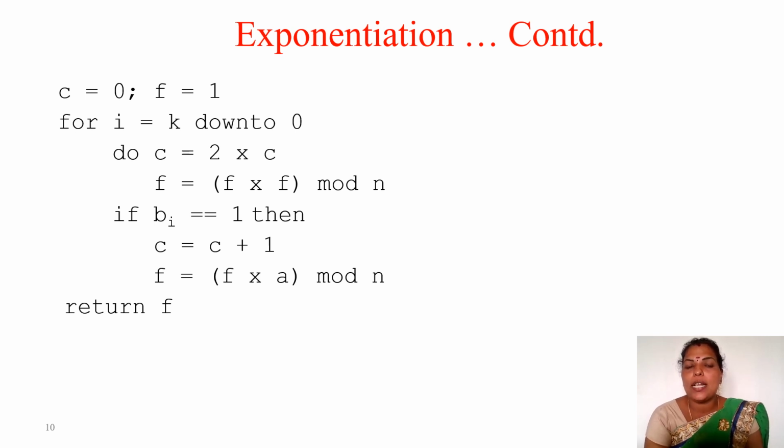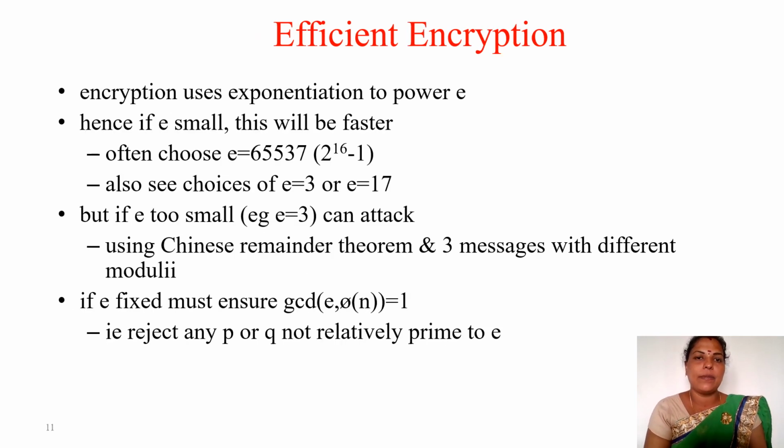If bi equal to 1, then C equal to C plus 1 and F equal to F into A mod n. So squaring and multiplication are performed here, and finally we return the value of F. This is a simple algorithm for exponentiation computation in the implementation process.